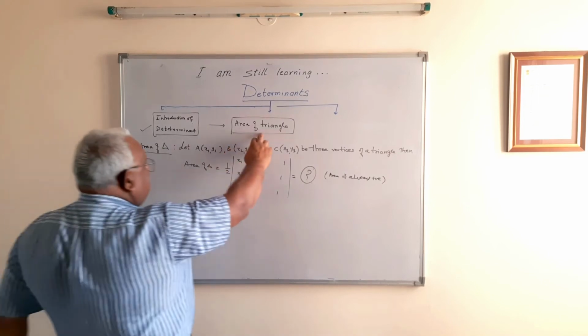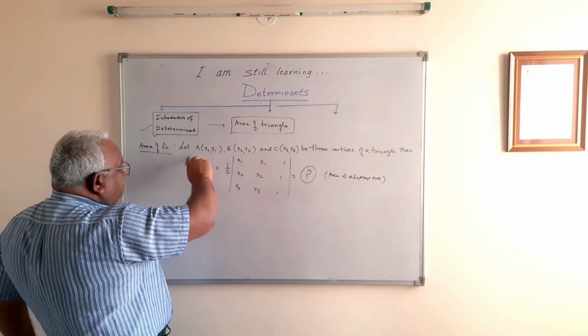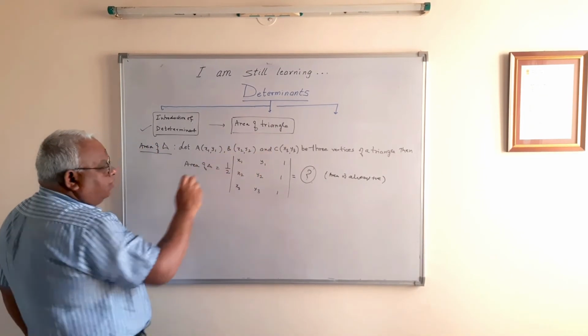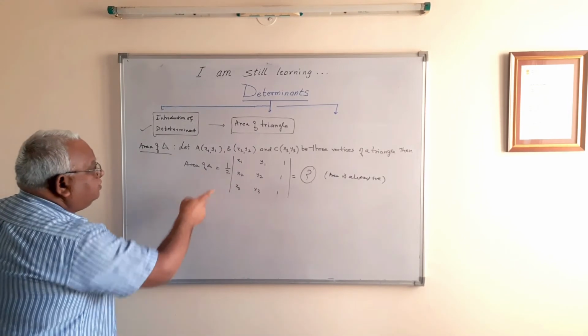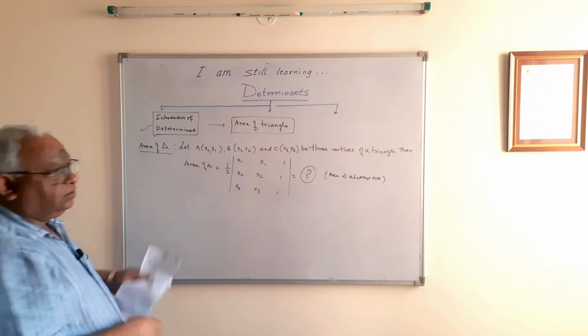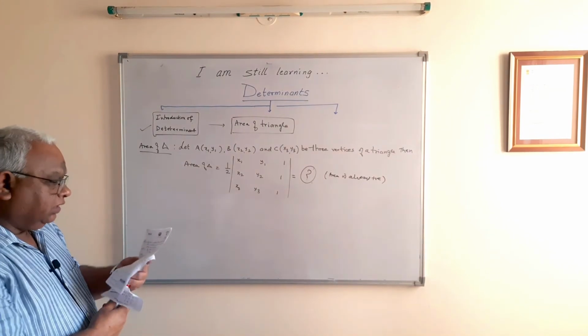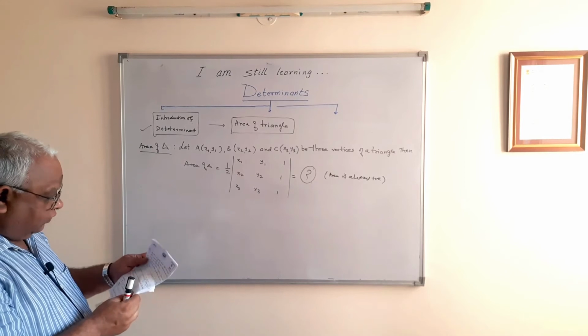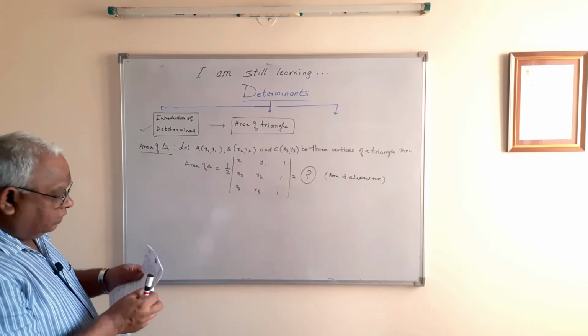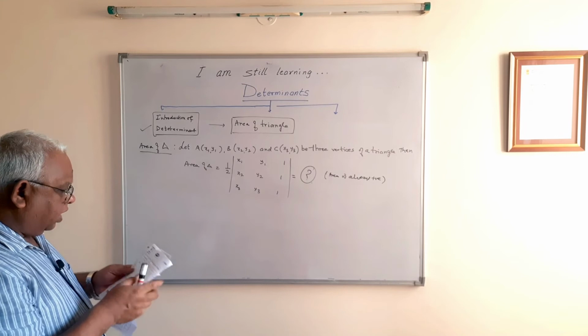In area of triangle, there is first part, how to find the area of triangle. Then second part is how to prove that these 3 points are going to be collinear, that is delta is equal to 0, means area of triangle is equal to 0. And third part is this.